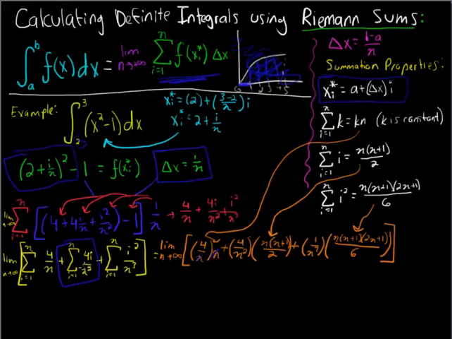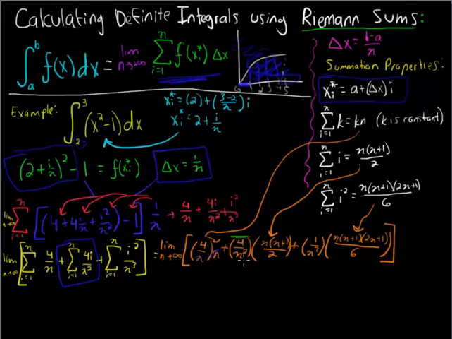Okay, so the sum as i equals 1 to n of 4i over n squared, we can take out 4 over n squared because we're not dealing with those, just the i. So 4 over n squared right here, and then times n times the quantity of n plus 1 all over 2.